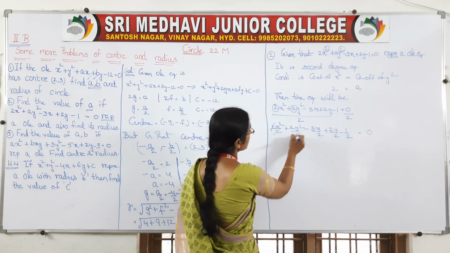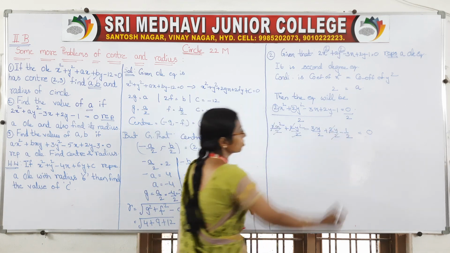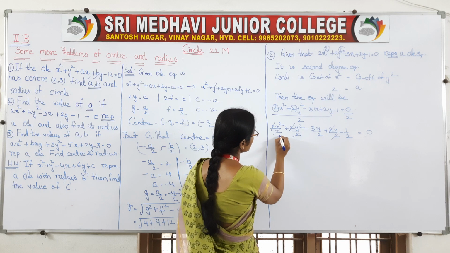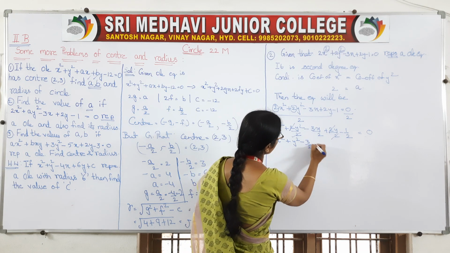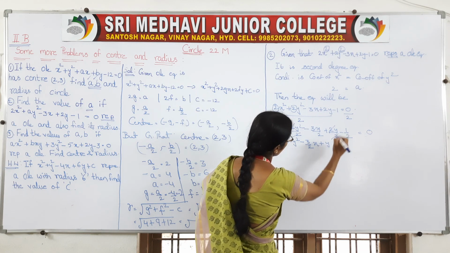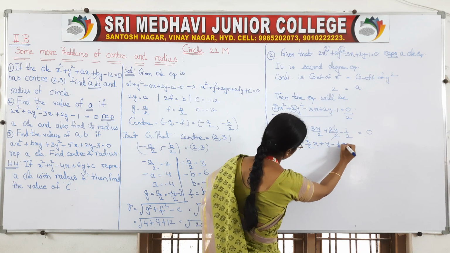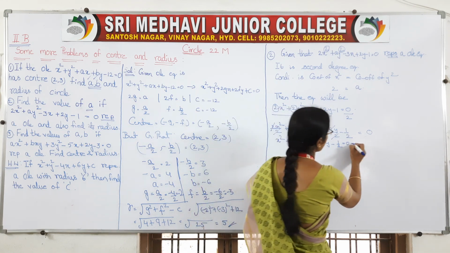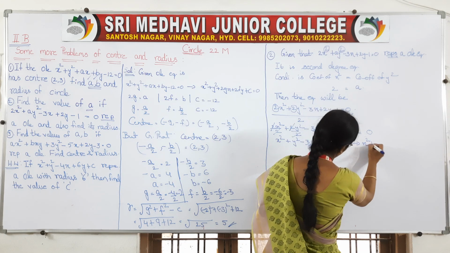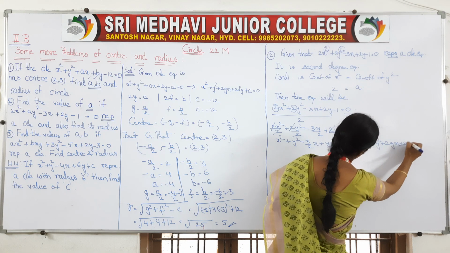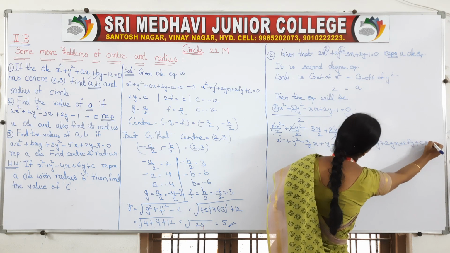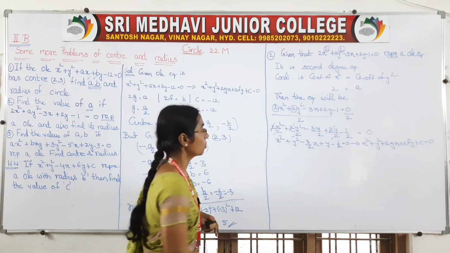So 2 and 2 cancel. Now your equation is x square plus y square minus 3 by 2 x plus y minus 1 by 2 is equal to 0. This is in the form of the general circle, x square plus y square plus 2gx plus 2fy plus c is equal to 0.